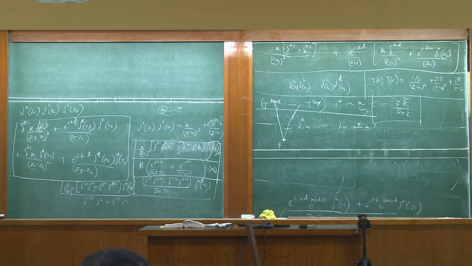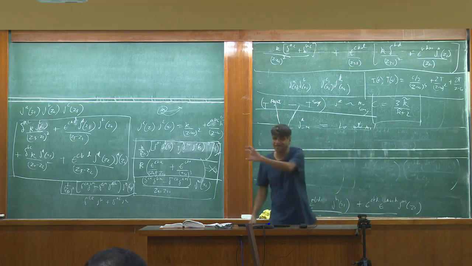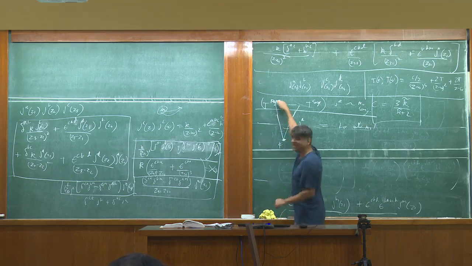We could for instance weight states by this level, but now we've discovered the level is the same as dimension. So this tells us that we completely understand the state content of this theory graded by dimension, and in fact Lie algebra quantum numbers at each dimension. Okay, we completely understand it just from representation theory.